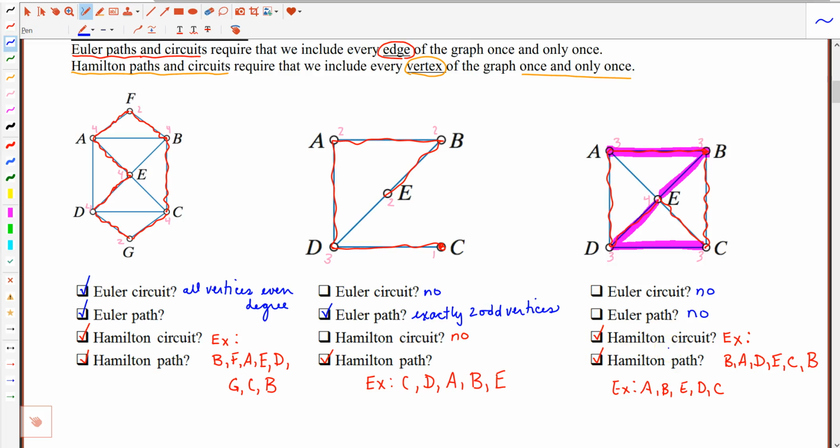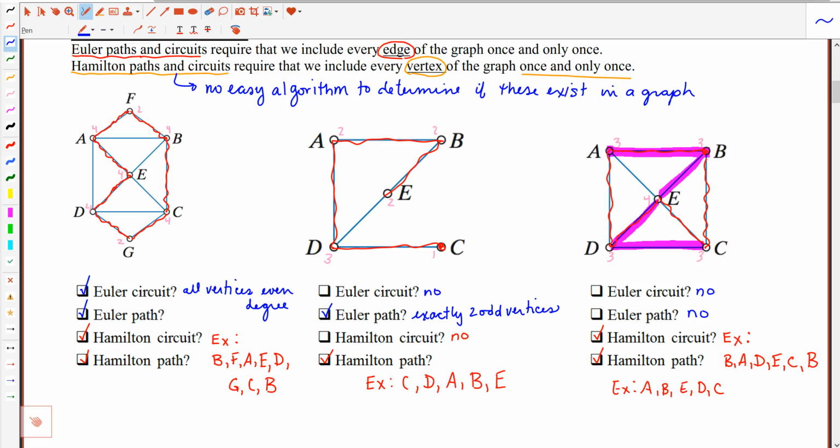Quite honestly, there is no easy algorithm to determine if these exist in a graph. So you're just going to have to dink around on the graphs and see if you can find a Hamilton circuit or a Hamilton path. There's not going to be something where we look at the degree of the vertices, the relationships, or whether or not there are bridges or anything like that.